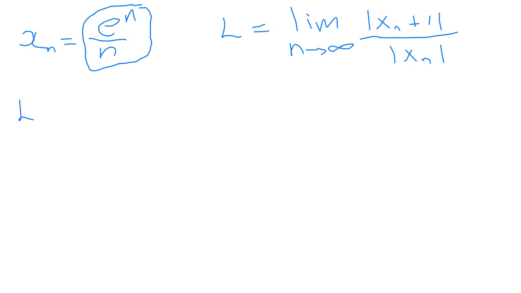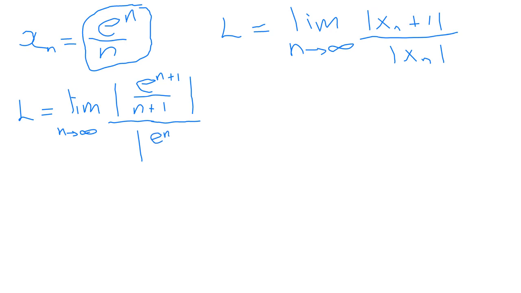So our L will be equal to the limit as n tends to infinity of e to the n plus 1 over n plus 1, and we're dividing by the same thing, meaning the same xn. All right.